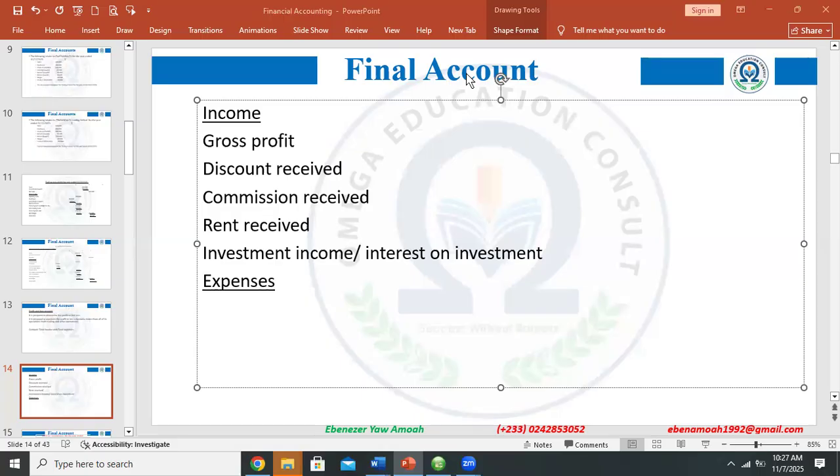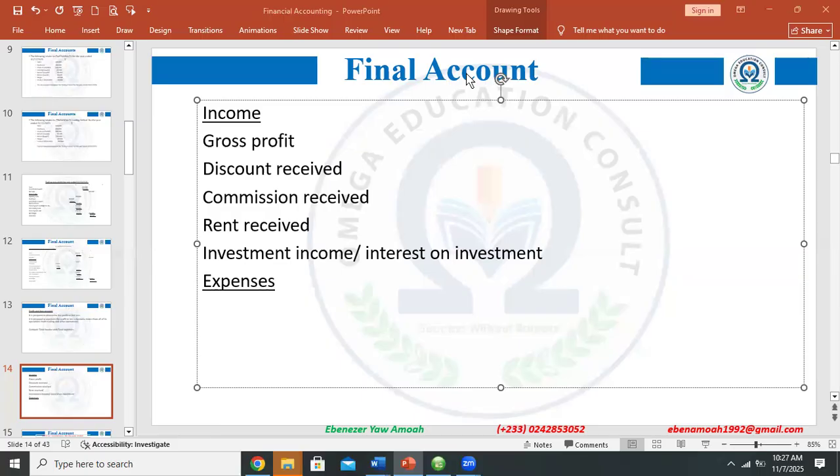One of them is, in fact, discount received, because it's not like you provided a service or goods and you are getting it, but you are owing somebody. You are owing your supplier, and when you were going to pay, they don't take the full amount, they give you a reduction or a discount.